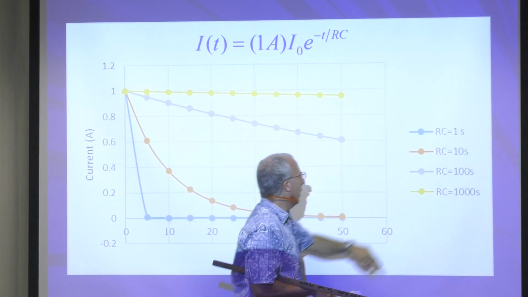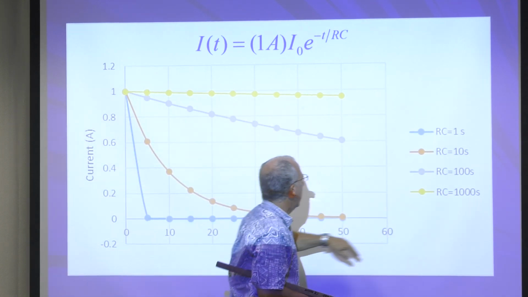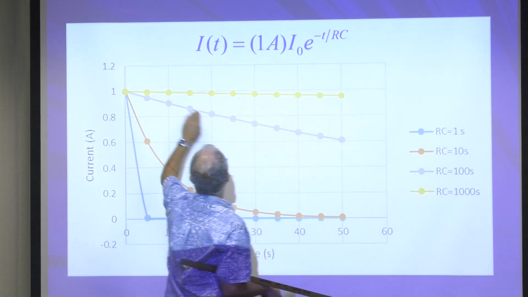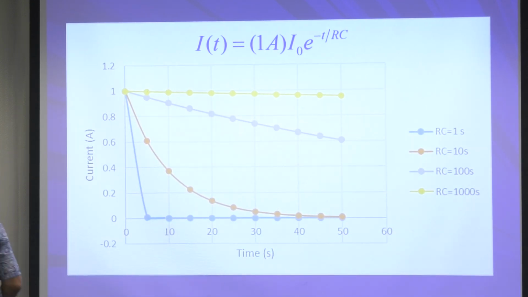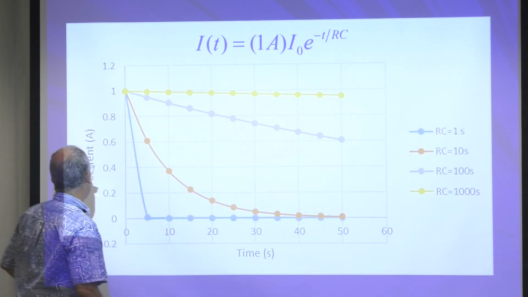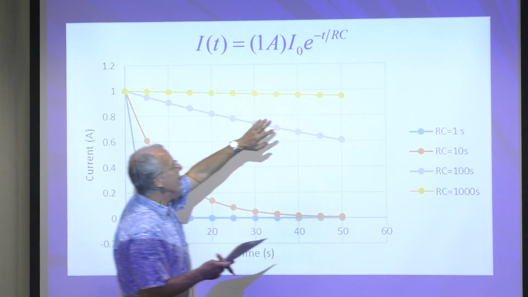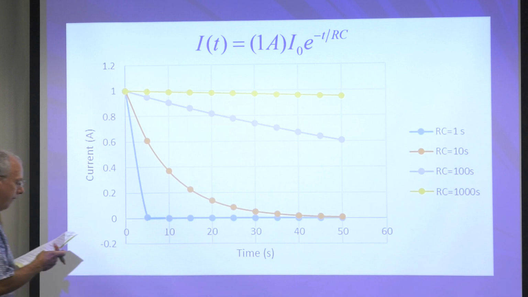If it's 10 seconds, kind of fast. 100 seconds, takes a long time to decay. 1,000 seconds takes forever. So the decay curve really depends on the value of R and C. So obviously from the curve, the RC tells you the shape of the curve, right?